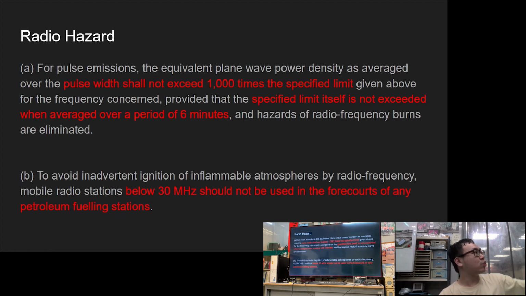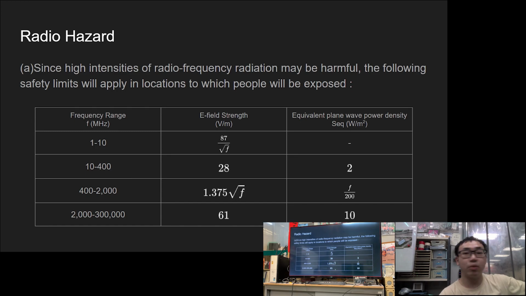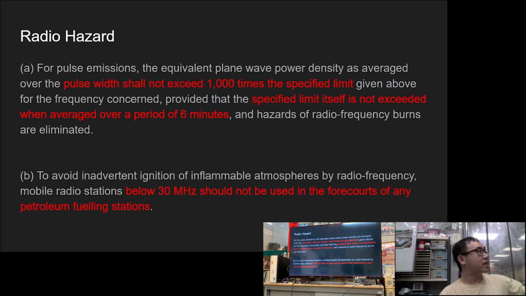And the pulse should also be averaged out over 6 minutes to see if it exceeds 61. Does it make sense? Two criteria. Single pulse, 61 times 1,000, must not exceed this number. And for all others, including pulse and all the emission classes, you are not going to have this 61 volts per meter for more than 6 minutes.